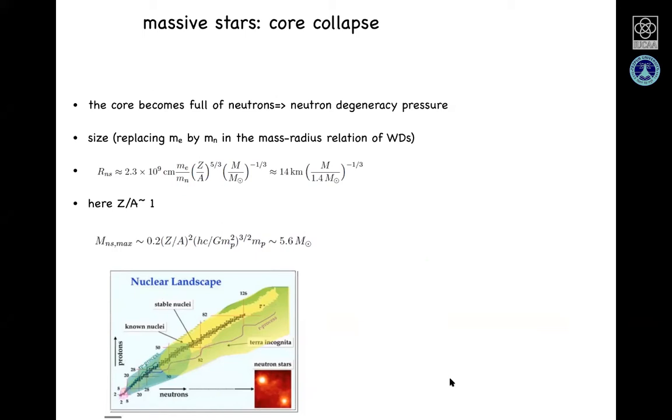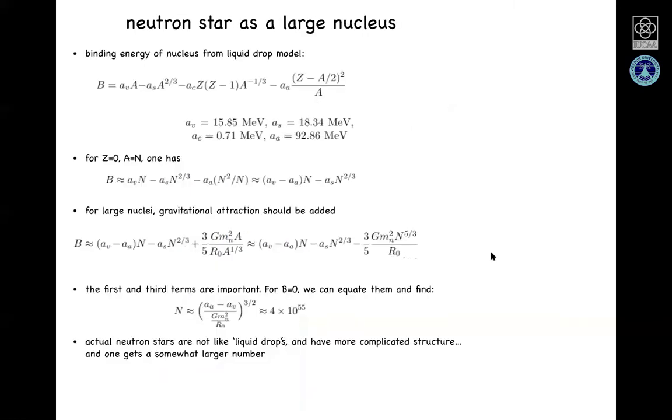In fact, this is something that I do in the class. I don't know whether you would want to do this, because the students are familiar with the liquid drop model from their nuclear physics curriculum. This is something that I like doing, to estimate the largest nucleus you can have.